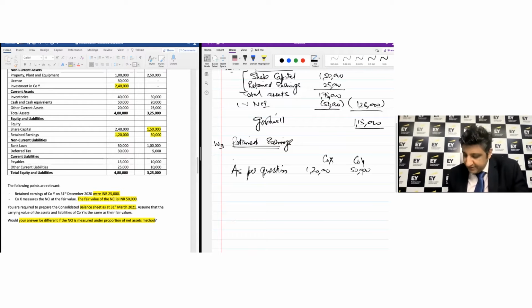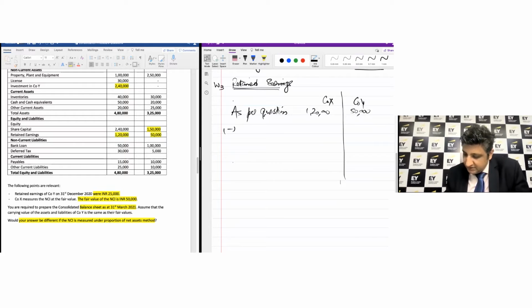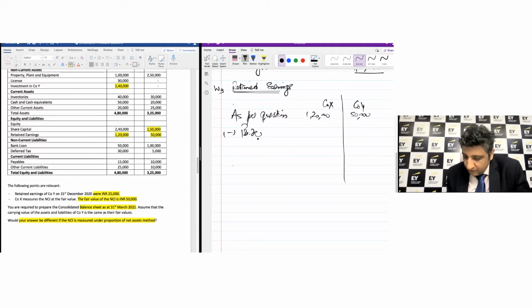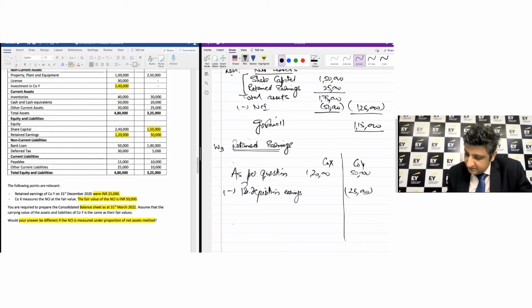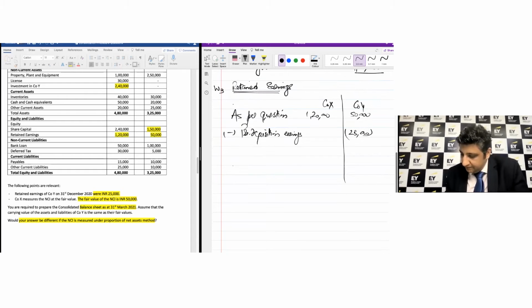Right? And then we are saying out of this 50,000, which is the retained earnings of company Y as per the question, we want to remove the pre-acquisition earnings, right? Which is basically the same figure as this amount. The purpose is very simple, very straightforward.